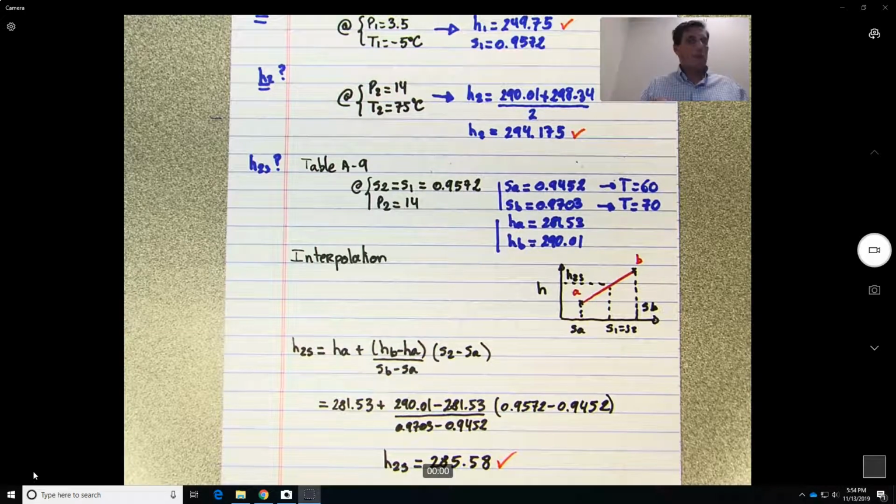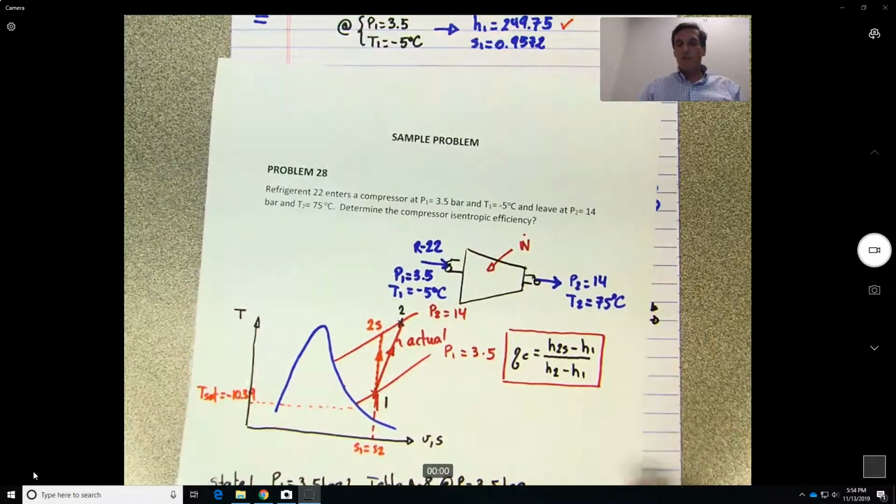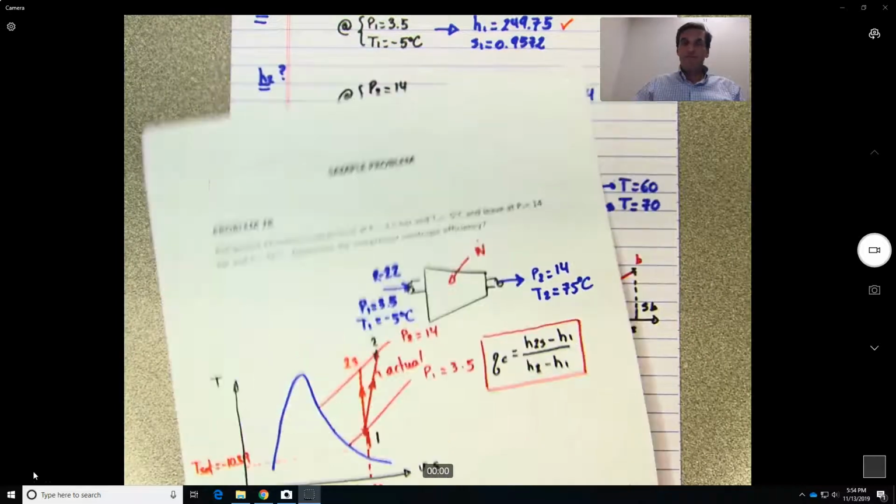Remember that the efficiency of the compressor is given by this expression.